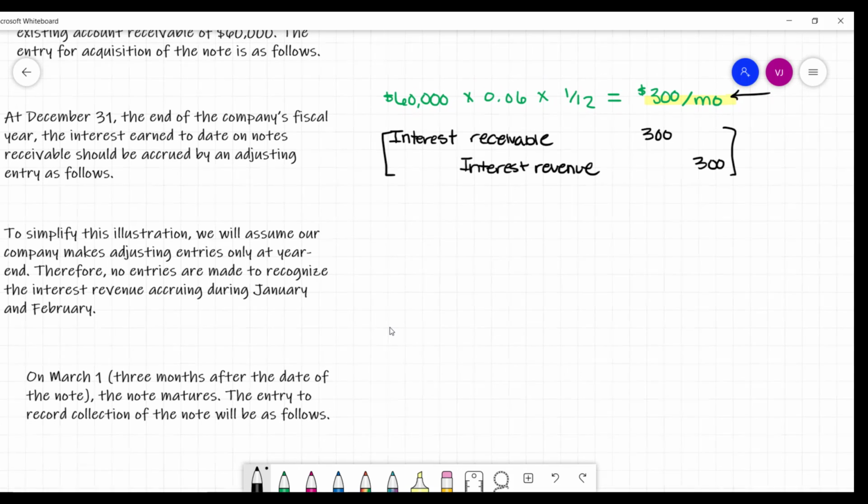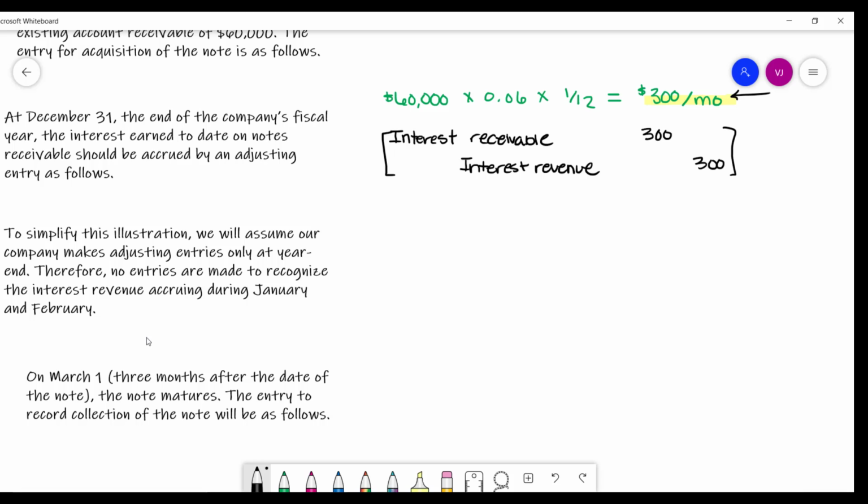So given this assumption, on March 1st, because remember the note originated on December 1st, so December, January, and February is how long the note would have been held. So that means on March 1st, the note would mature and Marvin White would have to pay the amount in full plus interest. So that's when the note matures.